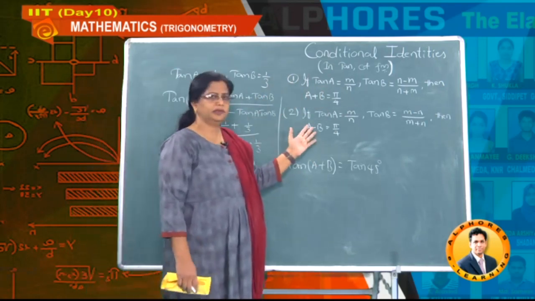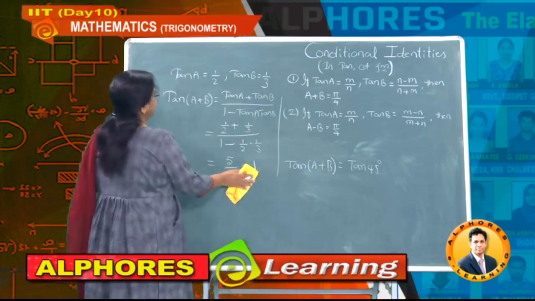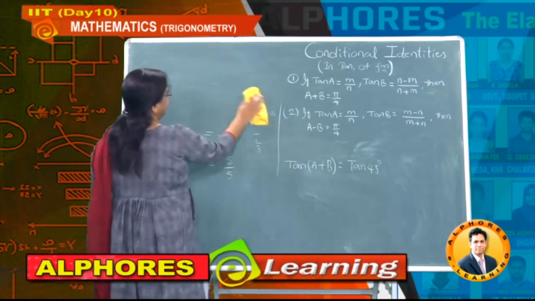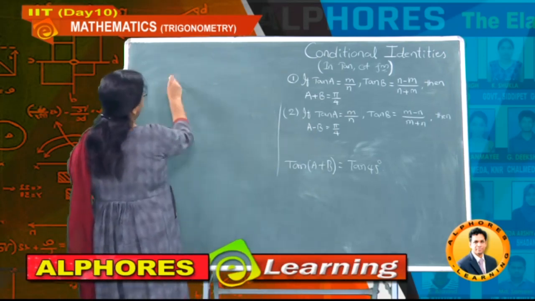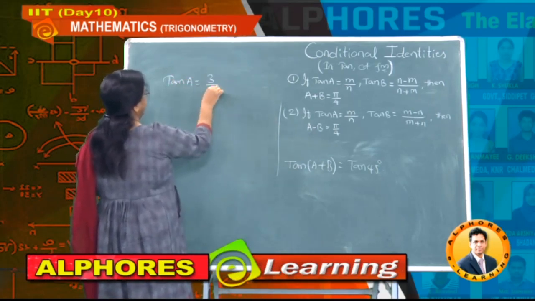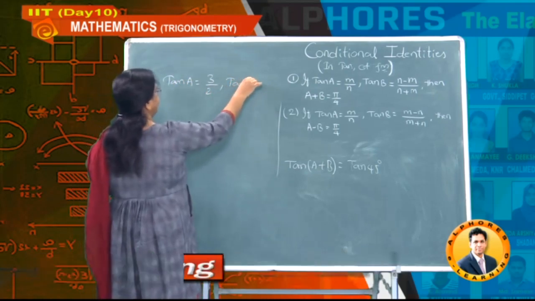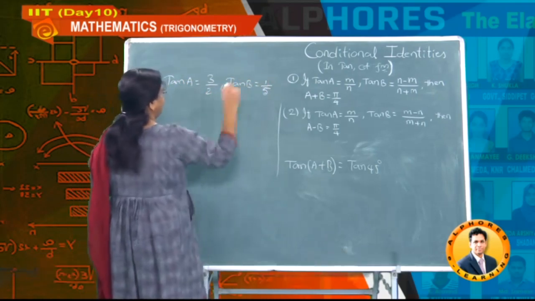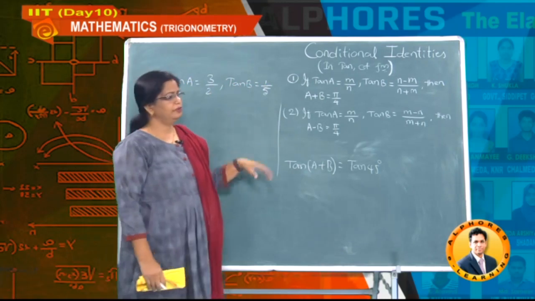Similarly you can prove this result also. That is, suppose I give tan A equal to some value, if I am giving it as 3 by 2, and next tan B equal to 1 divided by 5, understand. So how did I give the value?